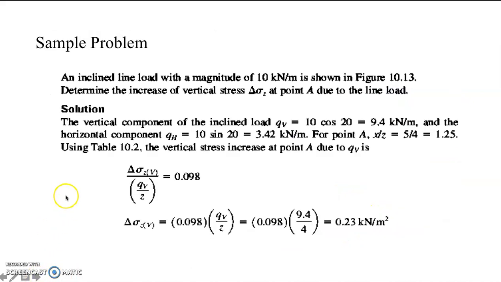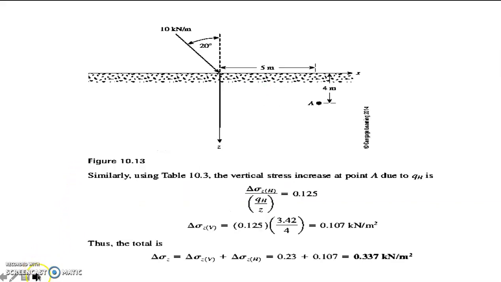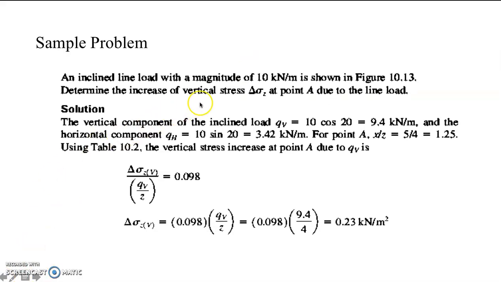So we have here a sample problem. An inclined line load with a magnitude of 10 kilonewton as shown in this figure. Determine the increase of the vertical stress at point A due to the line load. So basically, you have an inclined line load, so we get now our vertical line load and horizontal line load.